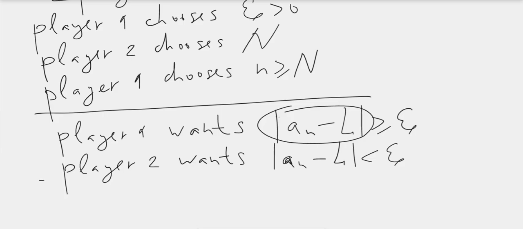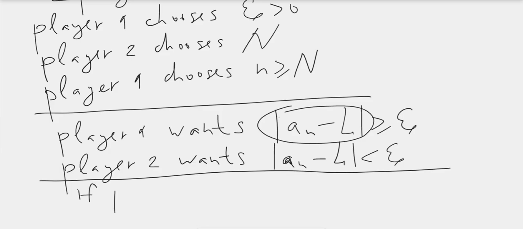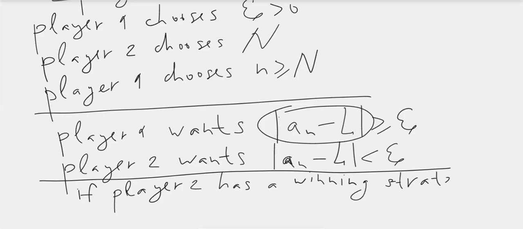And so if player 2 has a winning strategy, then the sequence has a limit L.